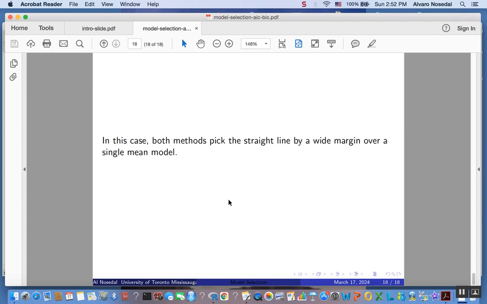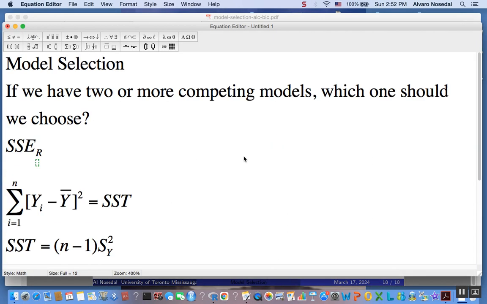Okay, let's summarize what we did here. So the question that we wanted to answer was this: if we have 2 or more competing models, which one should we choose?